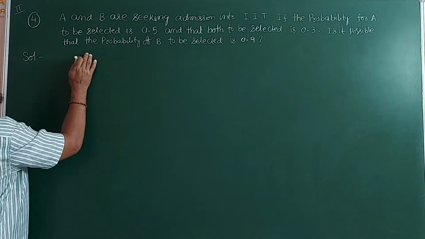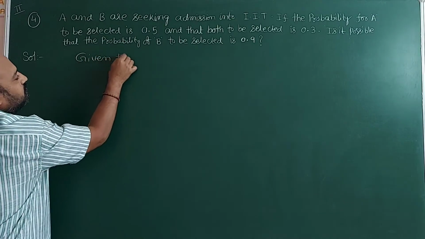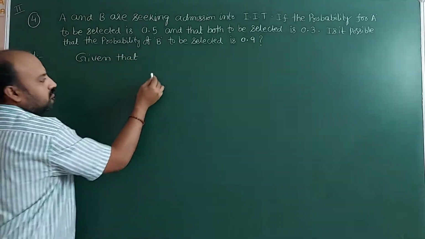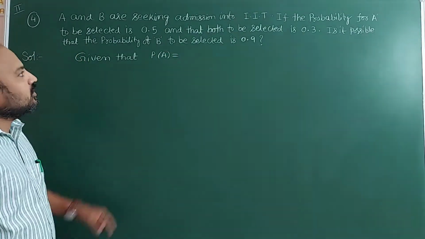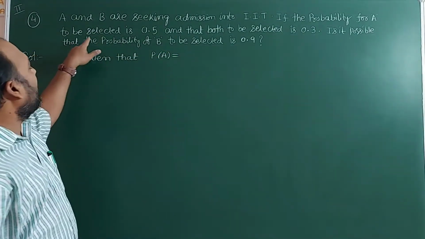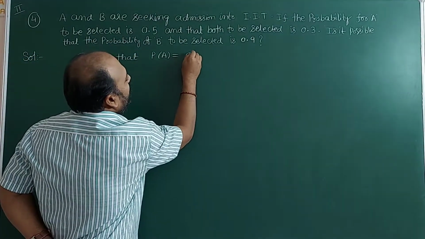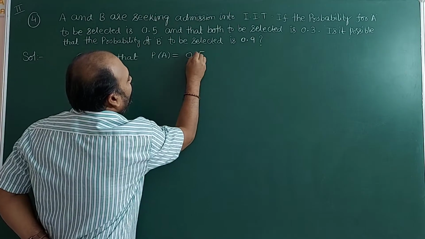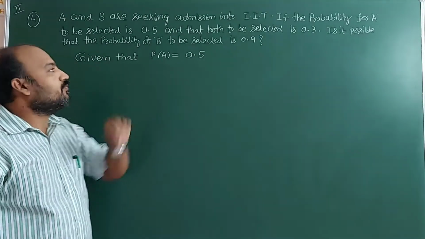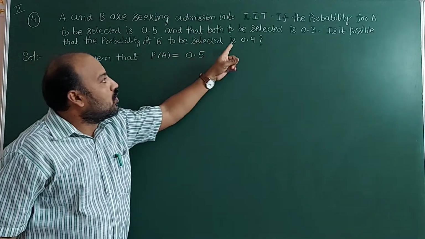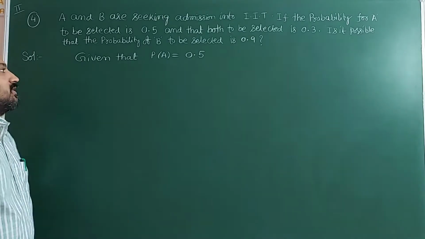So given that P of A, what is the meaning of P of A? The probability for A to be selected is 0.5. So given that P of A is equal to 0.5. Next, and both to be selected is 0.3. Both to be selected.